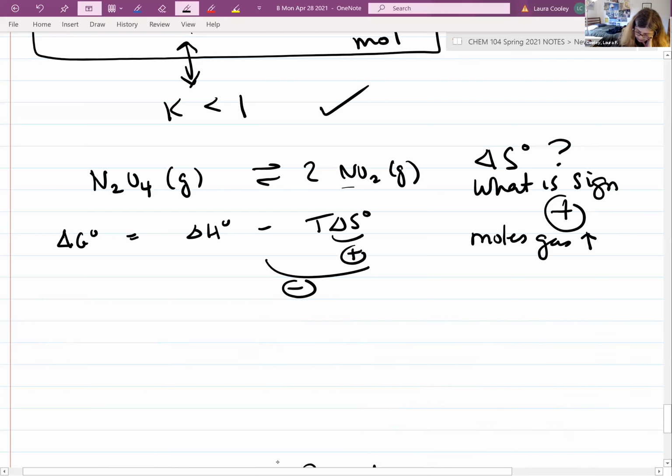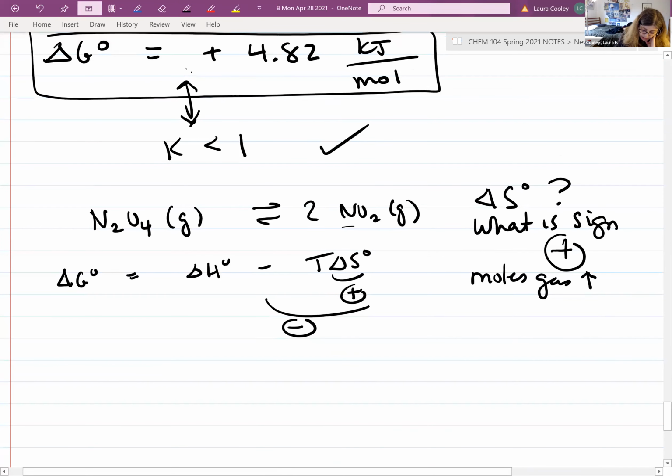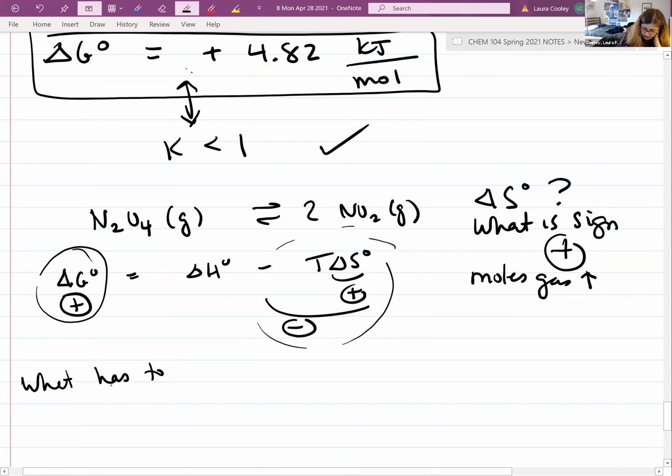Just put it on another page. So we just figured out that this is positive. So suppose you knew delta G was positive and this term is negative. If I ask you, what has to be the sign of the delta H0?